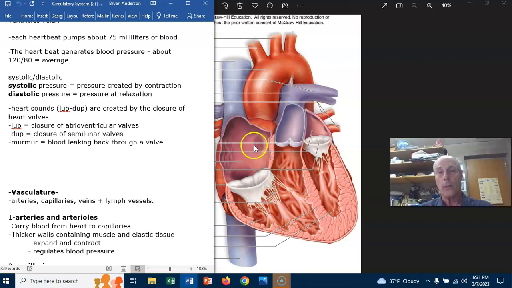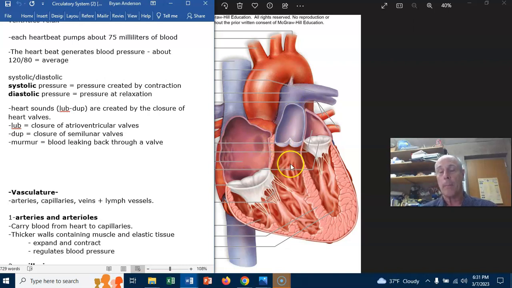So blood can go directly from the right atrium to the left atrium through something called the foramen ovale, the oval opening, and there's another one between the pulmonary artery and the aorta in case any blood does get into that pulmonary vein. Of course, all those have to close pretty quickly right after birth.